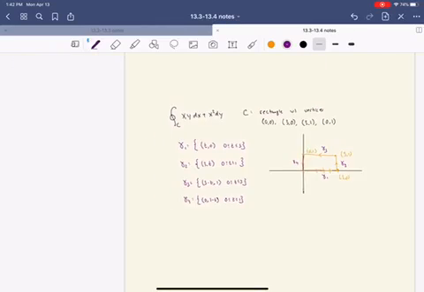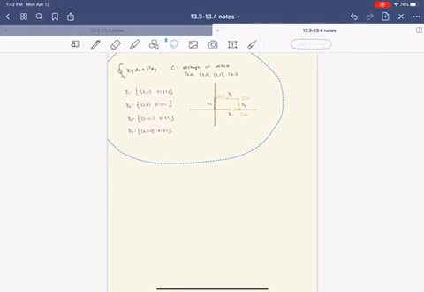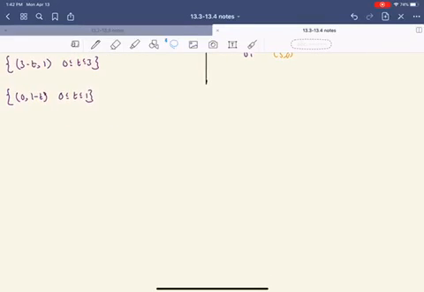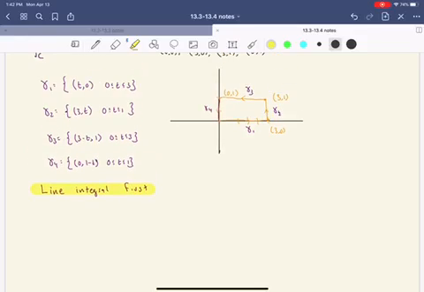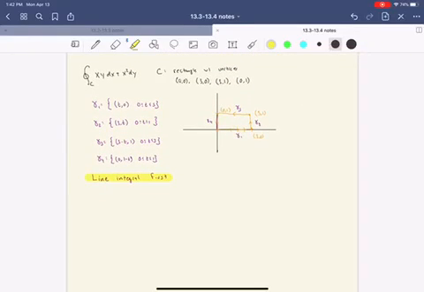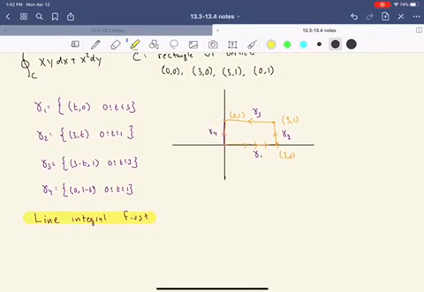So let's do the line integral first. So we have xy dx plus x squared dy.